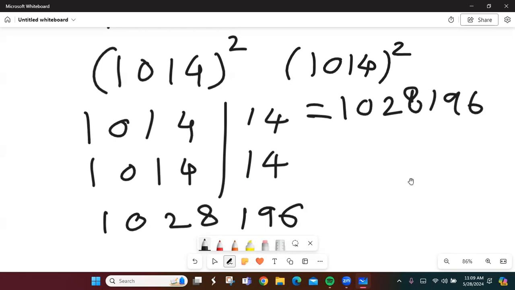So in the next video, we'll see how to multiply using this base method the numbers which are lower than the standard base. As I already told you, when we do this method, try to have your own numbers and multiply and verify your answers.